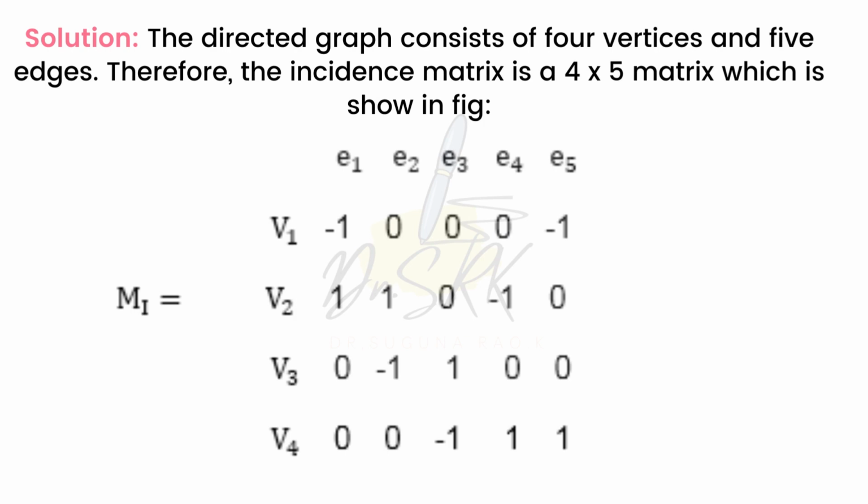You may assume V1 is also an initial vertex and another vertex can be taken as final vertex. Okay, like this I am going to write the incidence matrix of the directed graph. Okay, thank you.